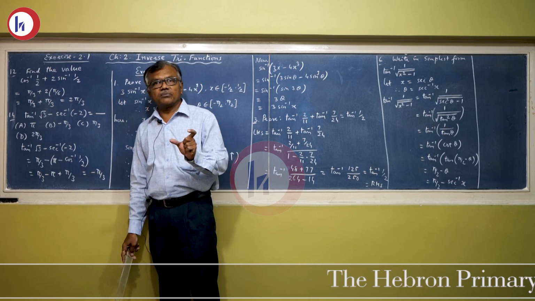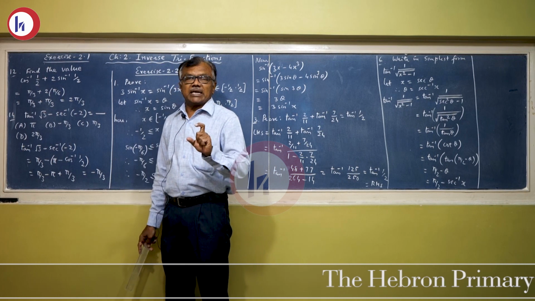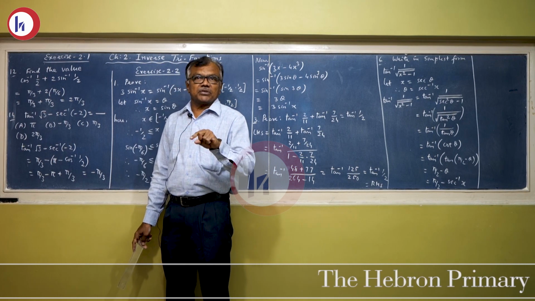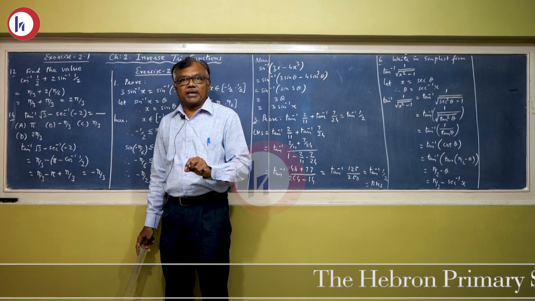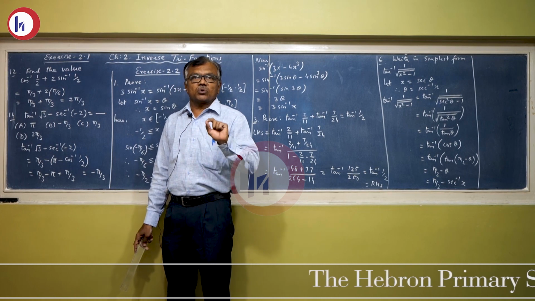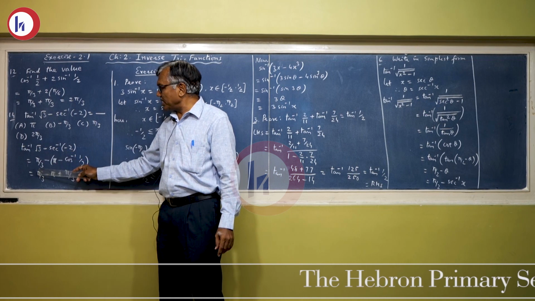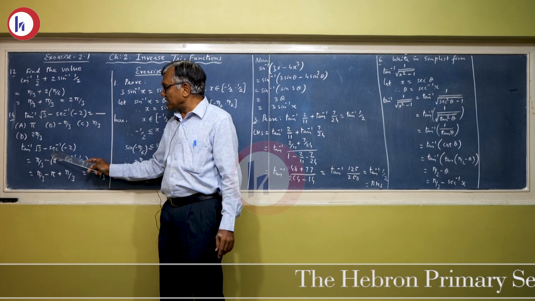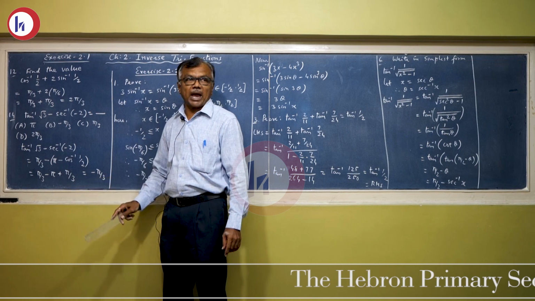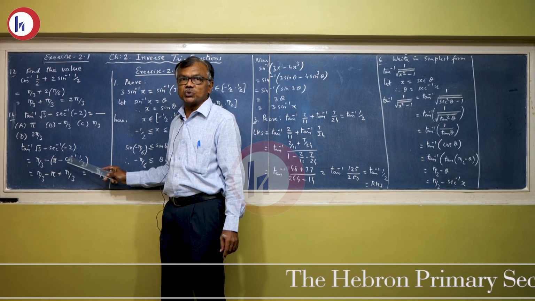Now last time we gave the formula: sec inverse of minus x is equal to pi minus sec inverse x. Also, sec inverse x is equal to cos inverse 1 upon x. So tan inverse root 3 is pi by 3, and sec inverse minus 2 is pi minus sec inverse 2.